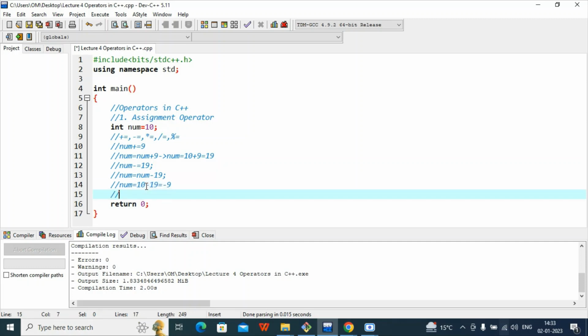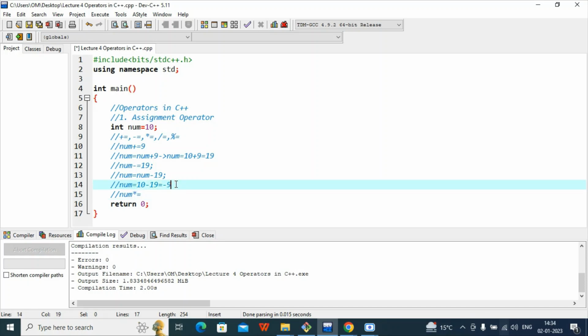Now again, the third operator is your multiply equal to. How will you do it? Num multiply equal to, suppose let's say we take this minus 9 that we got from above.